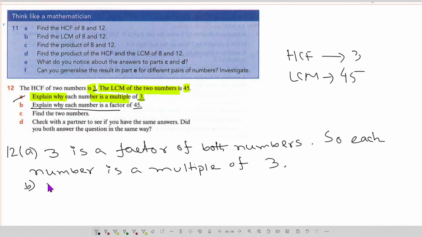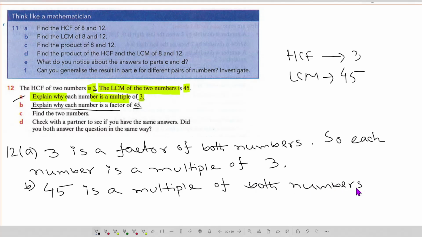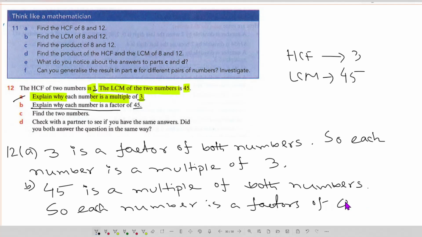Look, 45 is a multiple of both numbers, so each number is a factor of 45.